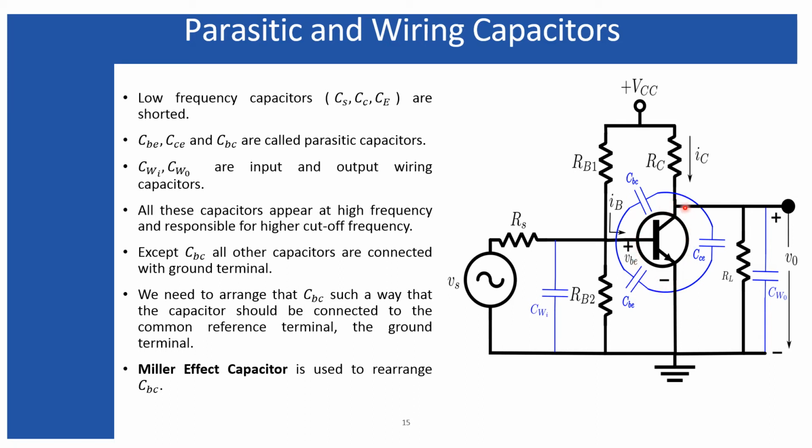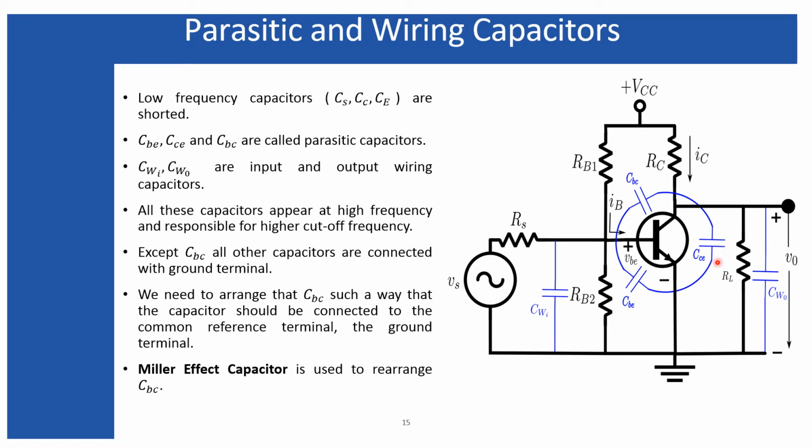So when you are considering only collector to base, you must consider a capacitor due to the influence of only this collector to base junction. And when you are considering the base to emitter junction, you have to consider only one capacitor due to the influence of this depletion region between base and emitter junction.